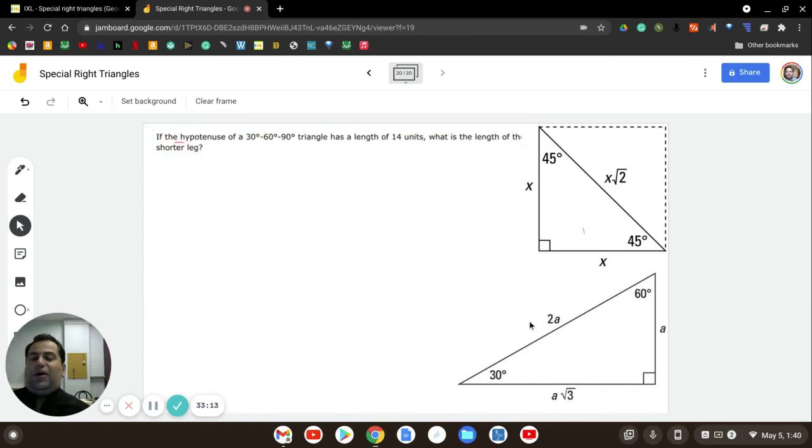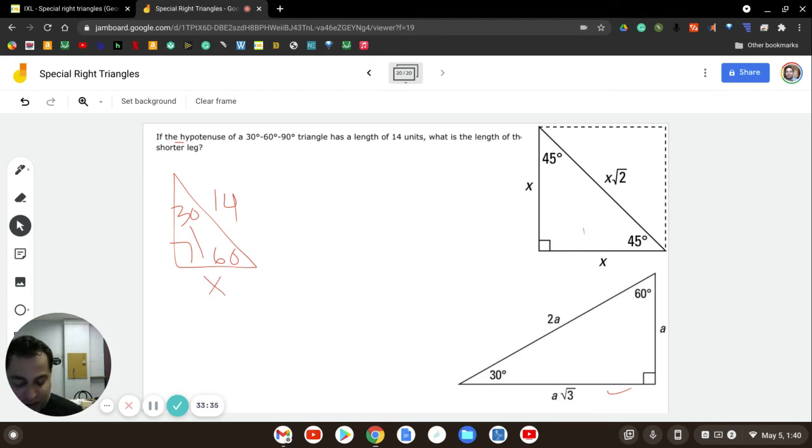All right, hypotenuse of a 30, 60, 90 triangle is going to be down here. And we know that the hypotenuse is going to be 14 units. What is the length of the shorter side? Shorter side is going to be opposite 30.